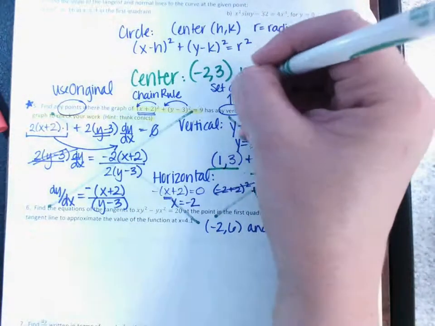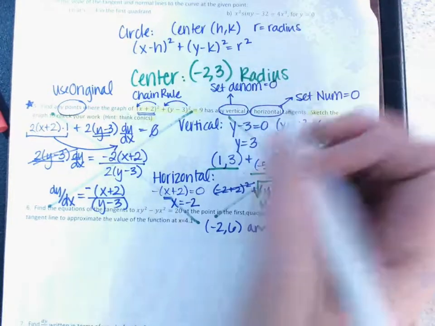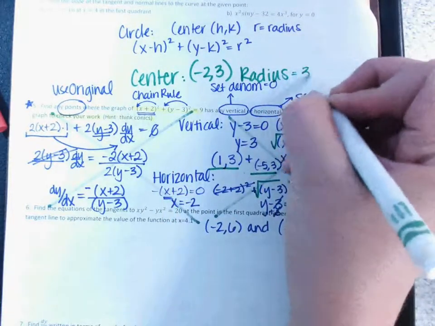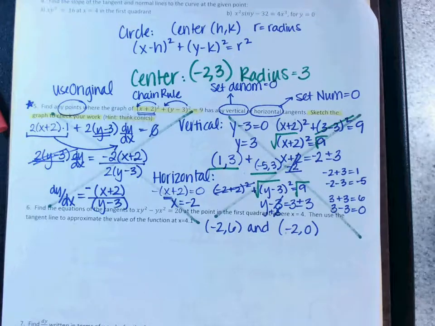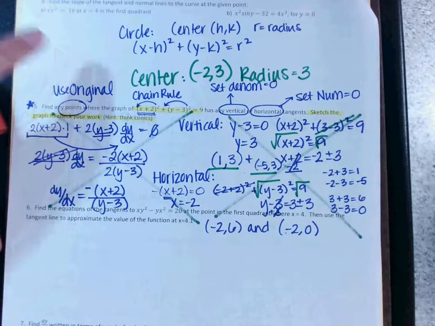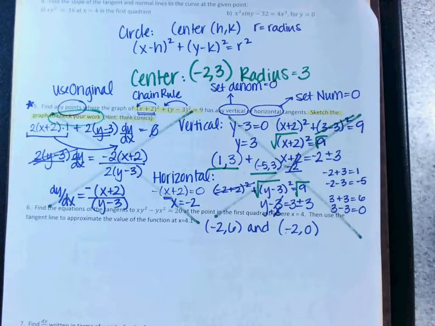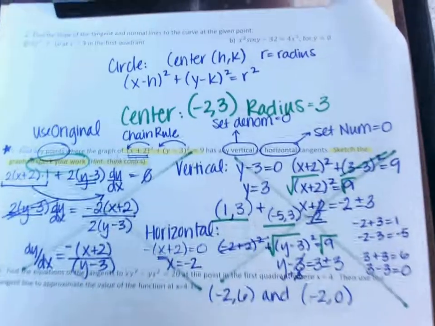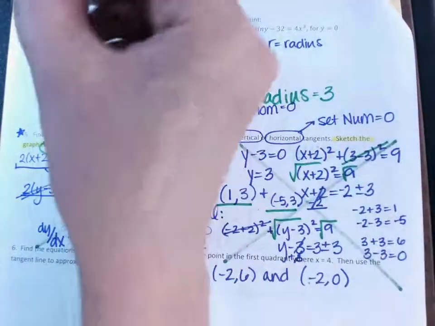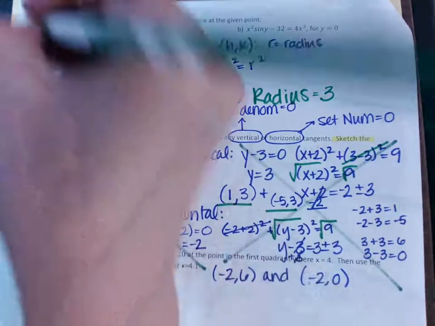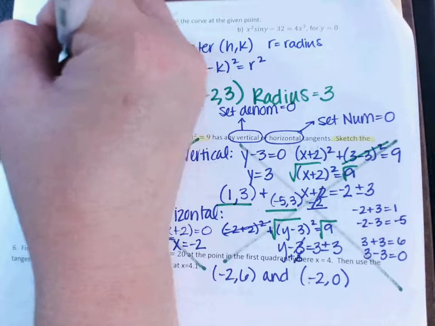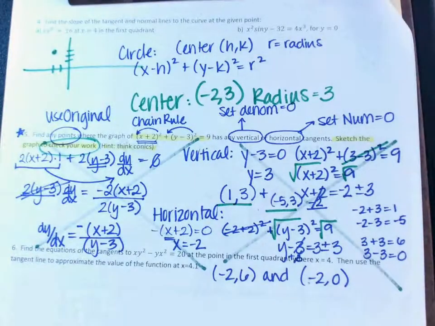And my radius is going to be the square root of 9, which would be 3. So I'm going to sketch a little graph over here. Remember, this is only to check your work. The AP test is not going to require you to do this. This is just to remind you of some stuff you should have already learned. So if this is my graph, negative 2, and then 1, 2, 3, that puts me right here. That's my center.